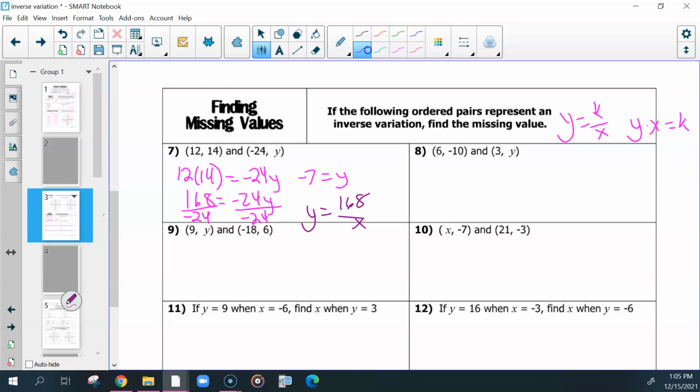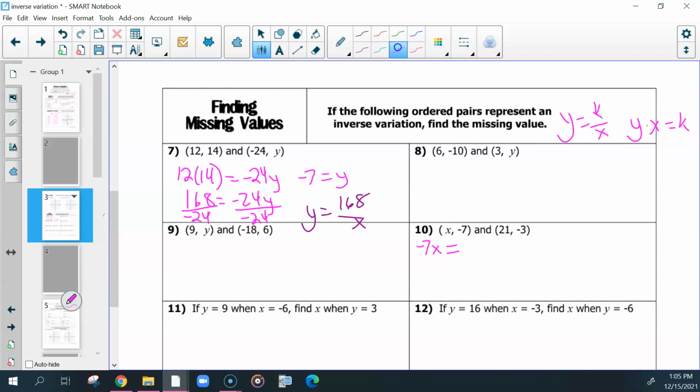Now let's do number 10. Same thing, we can multiply -7 and x. Really, the order doesn't matter here because multiplication is commutative, but in general, we usually put the numbers first. Like in the one we just did where I did -24 times y instead of y times -24, that order does not matter.